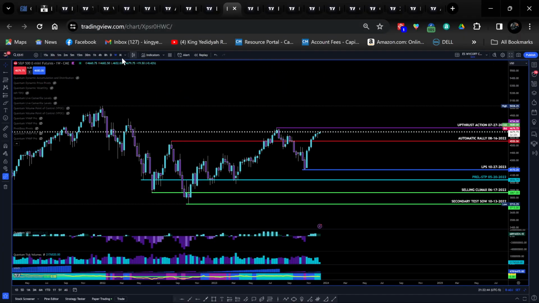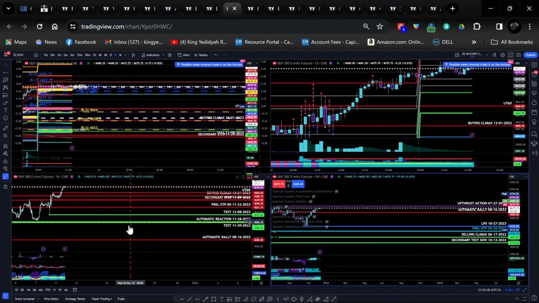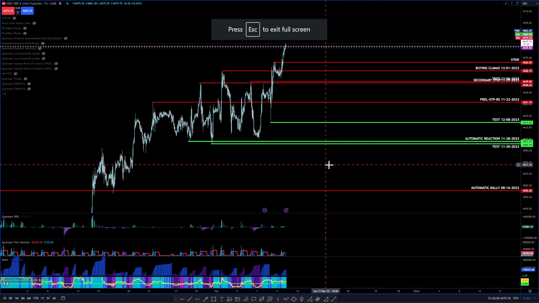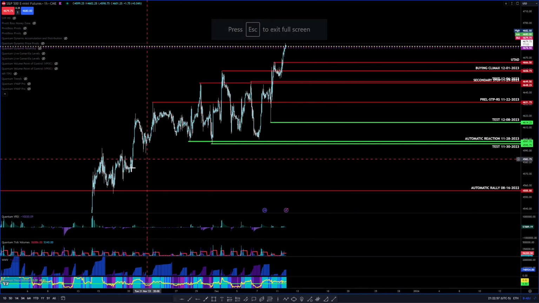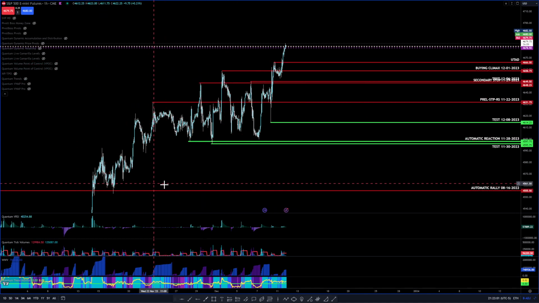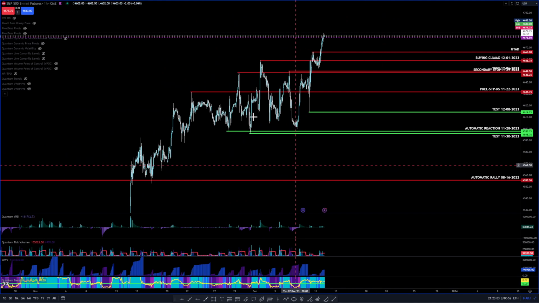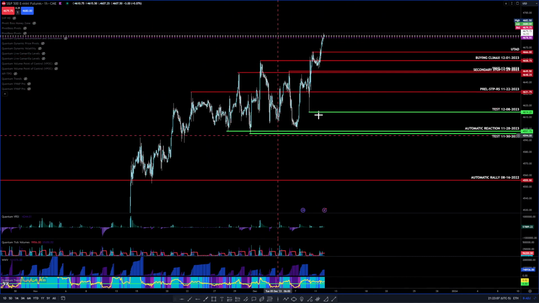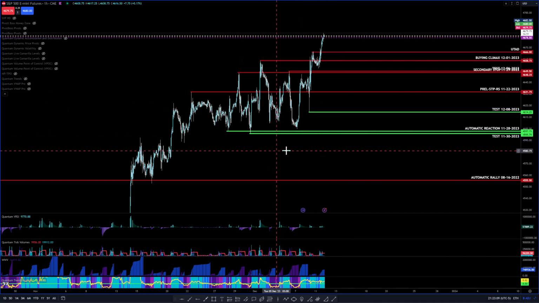So let's go down to the 1 hour. Right now, this is also a sign of strength here with this accumulation. This accumulation event here is actually in an upward sloping structure, which is showing underlying strength.